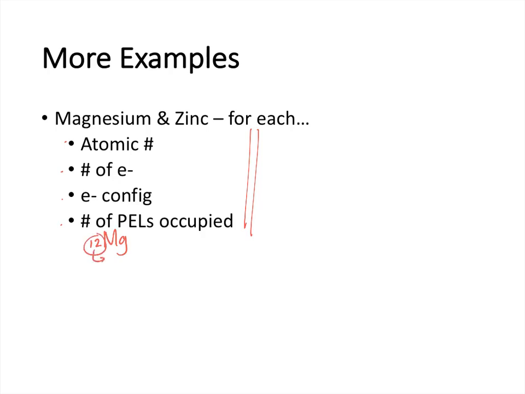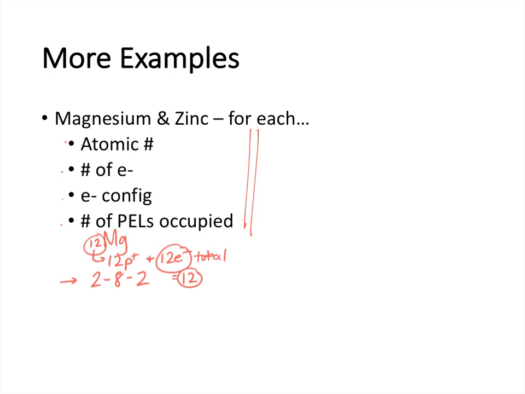So that means that a magnesium atom would have 12 protons in its nucleus, and since we're talking about atoms, it would also have 12 total electrons to offset all the positive charges. The electron configuration for magnesium is given to you right underneath the atomic number, and it's 2, 8, 2. This makes sense. 2 plus 8 plus 2 equals 12. That's the total of 12 electrons that we need.